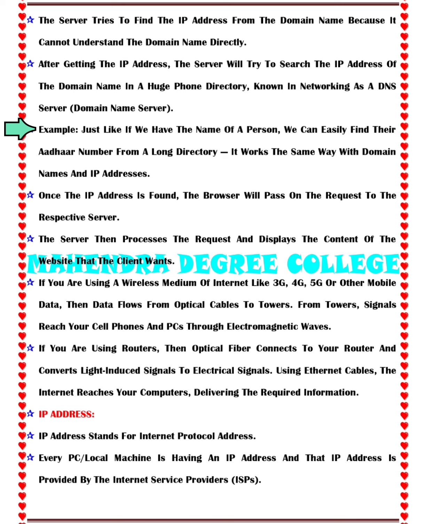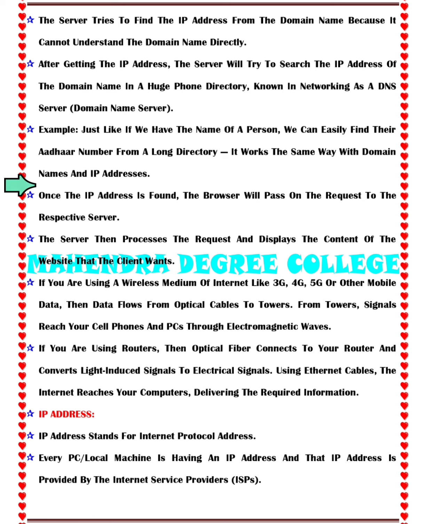So, when you give a domain name, the DNS finds and returns the corresponding IP address. The final explanation: just like a name helps us find someone's Aadhaar number in a directory, a domain name helps find the IP address using DNS.